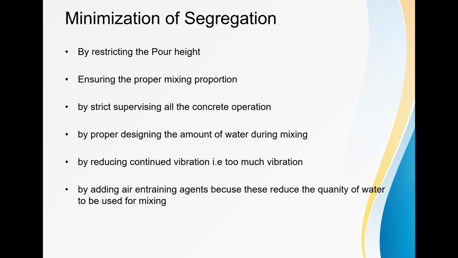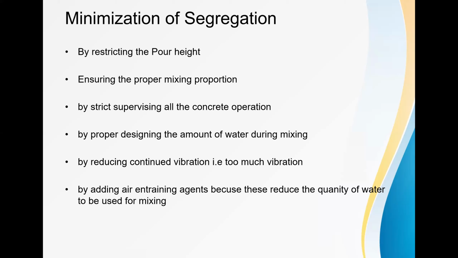How do we minimize the segregation? Segregation can be minimized by restricting the dropping height and ensuring proper mix proportion, that means the mixing ratio will be proper, and also by strict supervision of all the concrete operations, that means during the mixing, placing and compaction we are going to supervise properly.